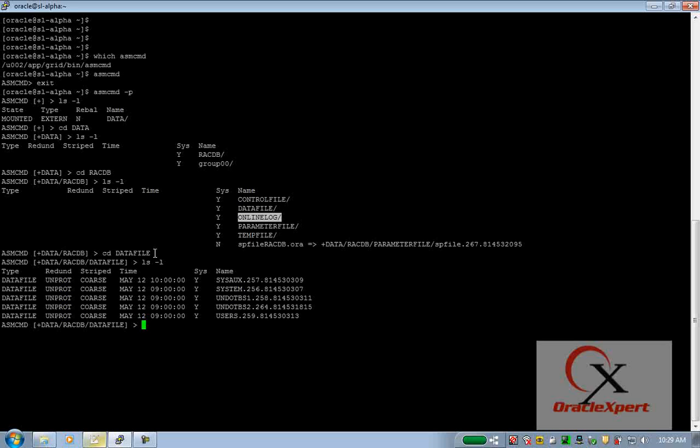Now remember, this ls -l is not the operating system command, but a simulation or an implementation which is very ASM specific. They just simulated the ls command that we often use on the operating system as if it's an ASMCMD command ls. So it shows you an illusionary depiction of how ASM internally is implemented.